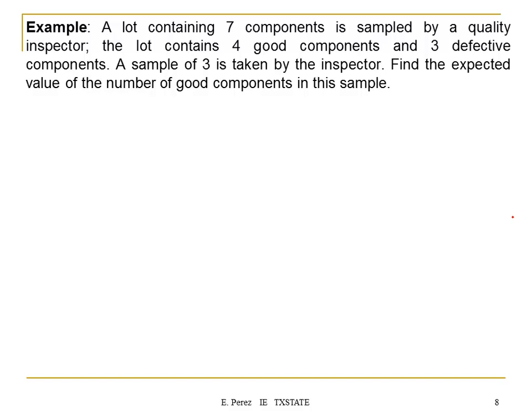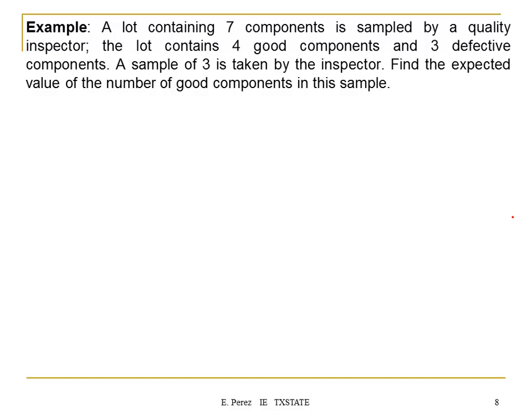Okay, so let's work with this problem. Here we have a lot containing 7 components, sampled by a quality inspector. The lot contains 4 good components and 3 defective components, and a sample of 3 is taken by the inspector. Find the expected value of the number of good components in this sample.